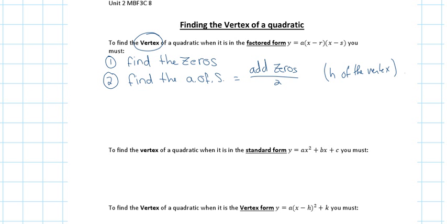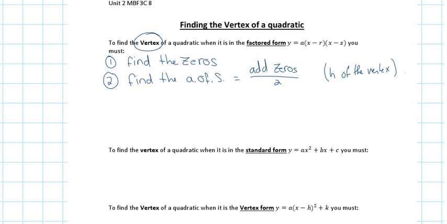Now, to find the K, which is the optimal value, this is what I do. I know what the x value of the vertex is. If I plug in that x value for x into my equation, I can find the y.